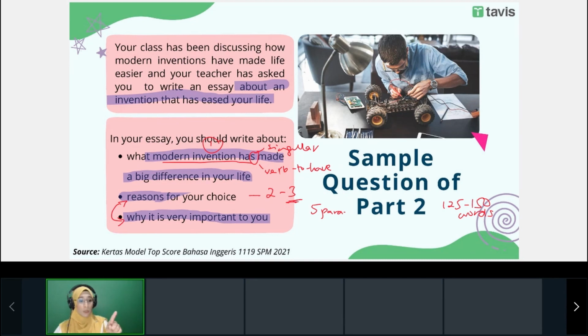So with this one reason, you need to have your explanation. In this explanation, please make sure you tell why it is very, very important. So how can you organize this?